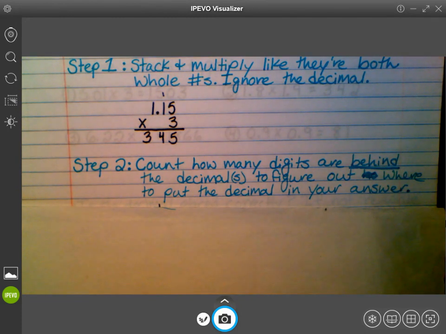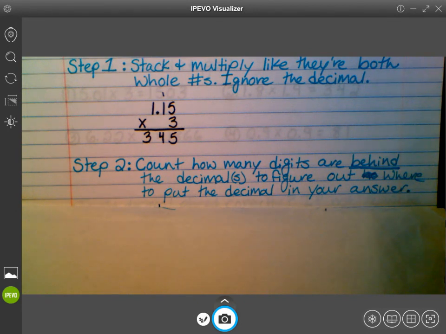Put a thumbs up when you have step 2 written out. Once we multiply like they're whole numbers and ignore the decimal, then we're going to go back up to the numbers we multiplied. Once we get those numbers, we've ignored the decimal.